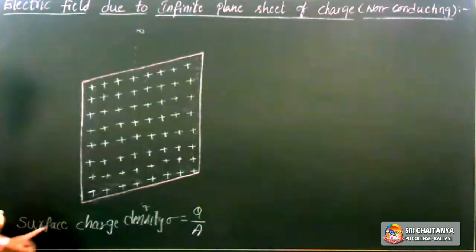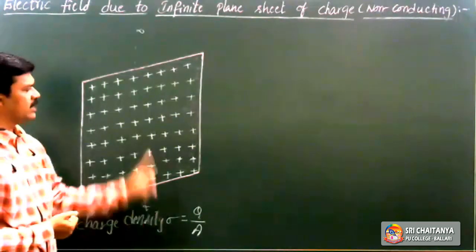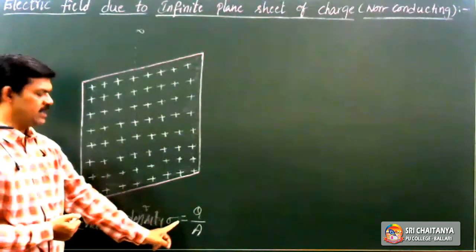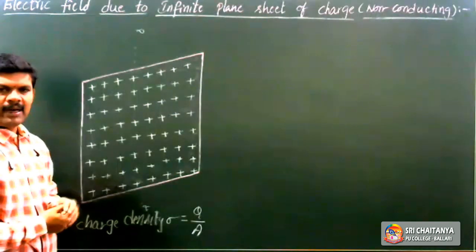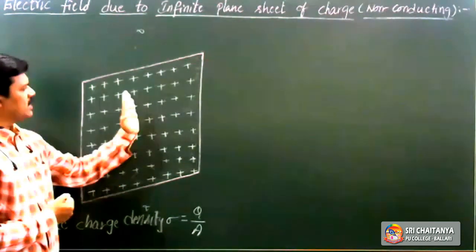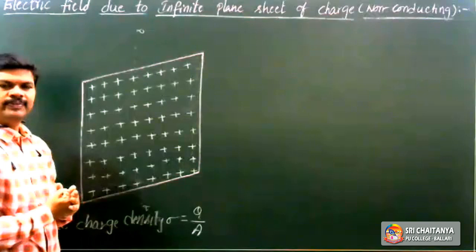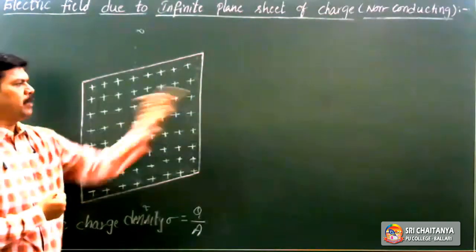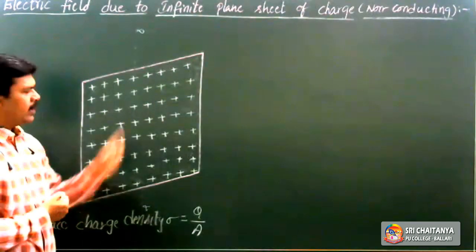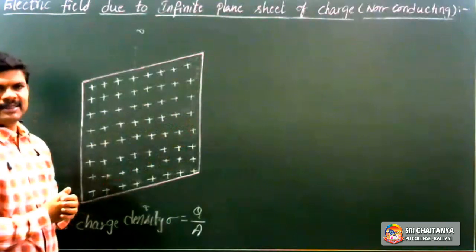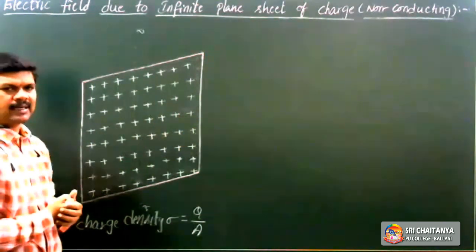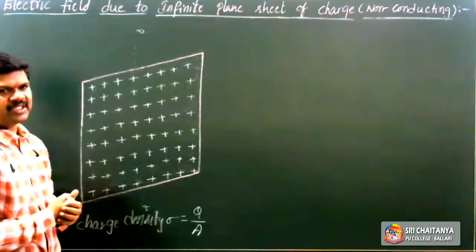Given that the surface charge density of this sheet is sigma, you are asked what the field is at some point at a perpendicular distance r from the surface of the sheet.